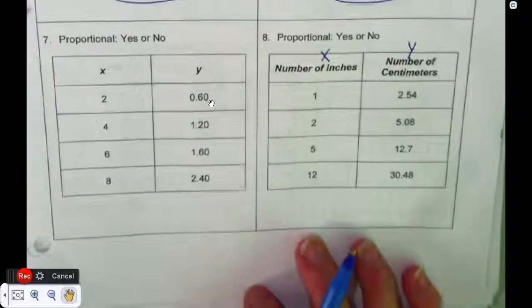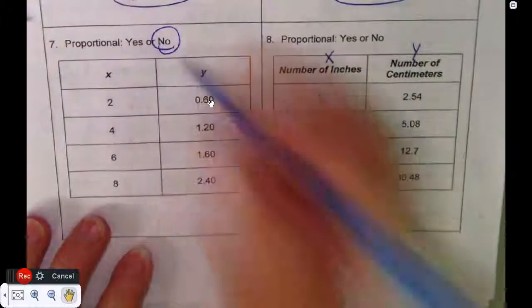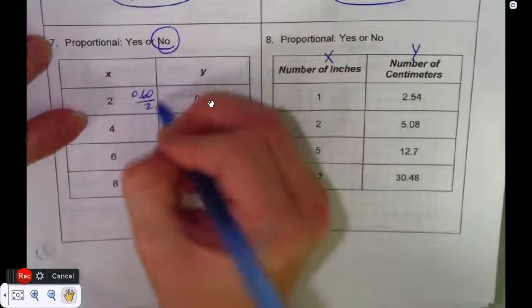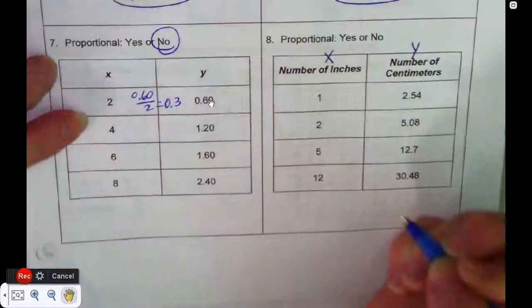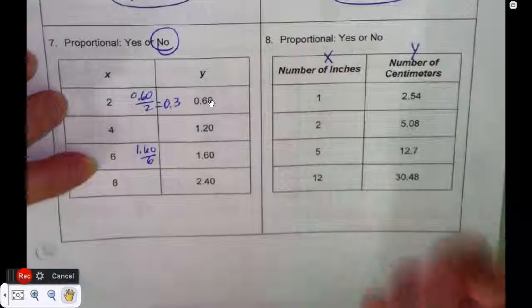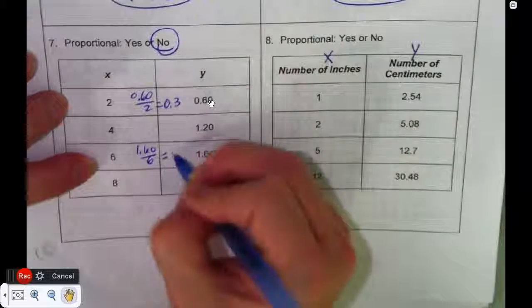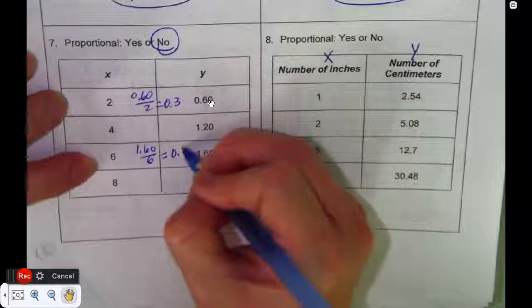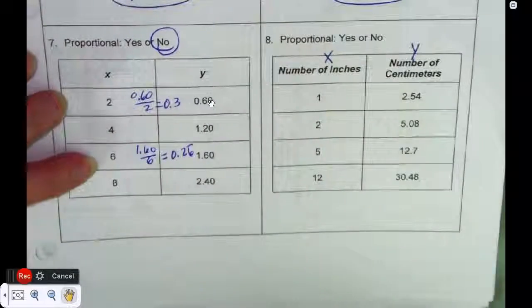Okay, number 7. No. Okay, here's how you can show me. 60 divided by 2 is 0.3, right? And then on number 6, $1.60, or 160 divided by 6 is, well, not 2 point, 0.2 repeating 6, huh? Yes.